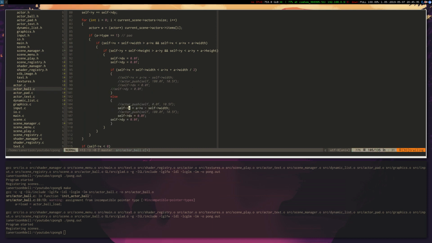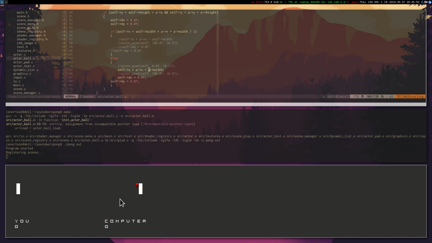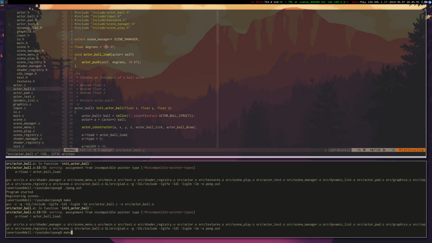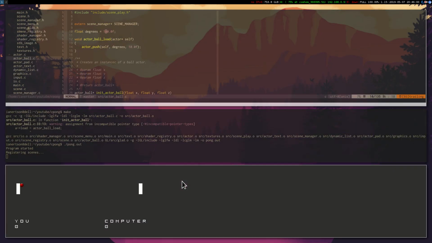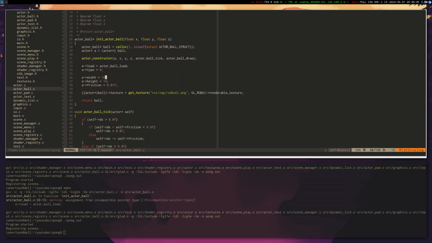Self x is equal to ax plus a width. That works great. So let's try with a bigger ball again.